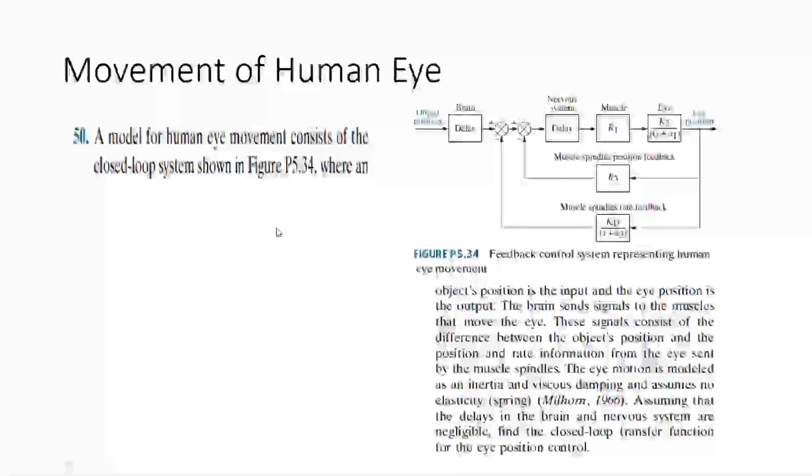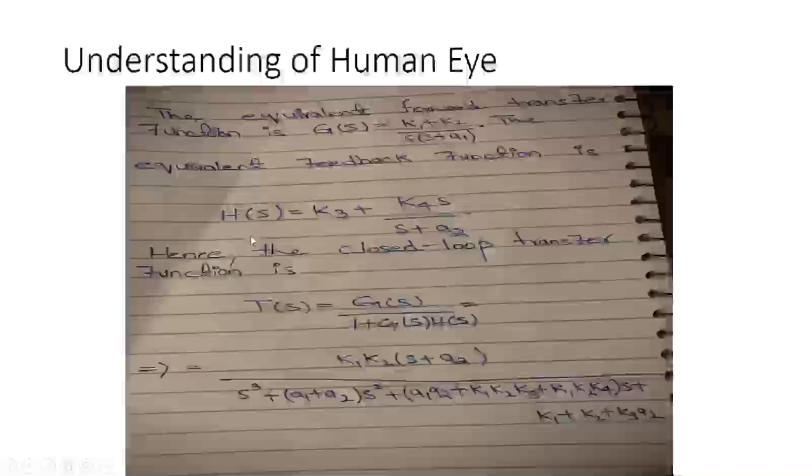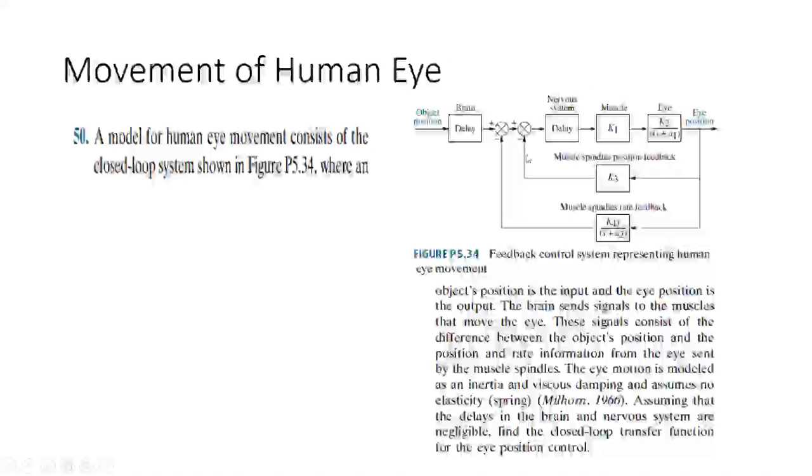This comes from K3, the muscle spindle position feedback transfer function, plus the muscle spindle rate feedback K4 s divided by s plus a2. So this is our H(s) coming from this diagram.